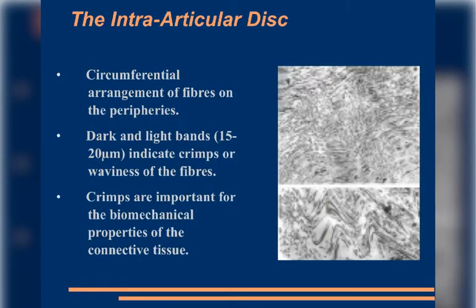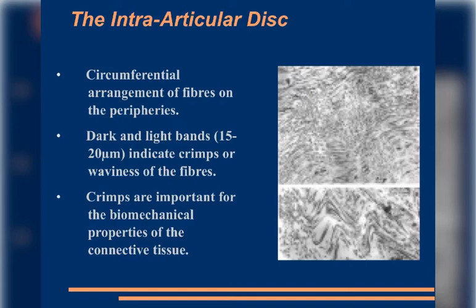The fibers of the articular disc at the peripheries have a circumferential arrangement. Also, we notice under electron microscopy images that there are dark and light bands at very high magnification of the collagen fibers of the articular disc of the temporomandibular joint.